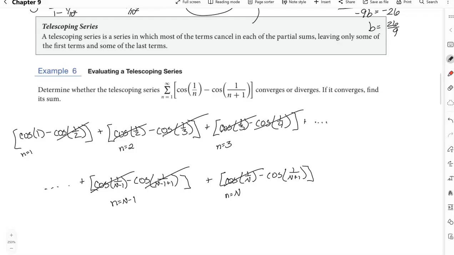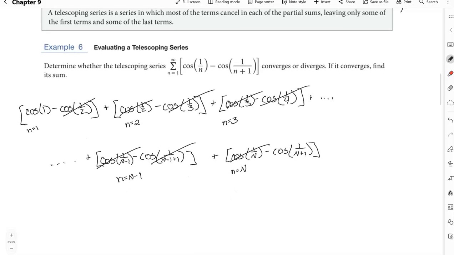So everything is canceling out except the first term and the very last term for our sequence. So in general, the nth sequence value is going to be cosine of 1 minus cosine of 1 over n plus 1.